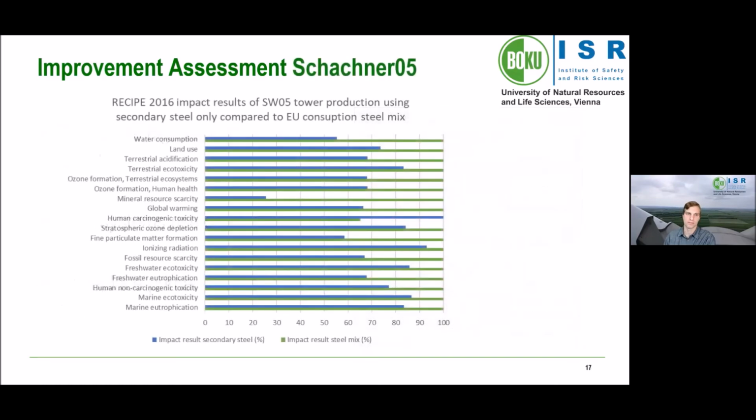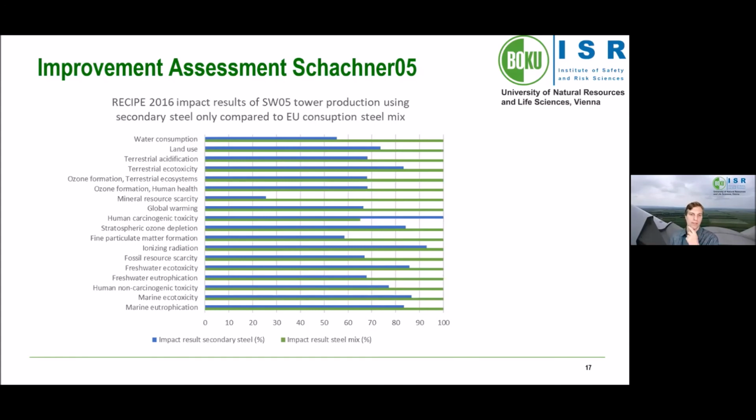And here we have the impact on all categories for the Schaffner turbine, and we see here that all categories, of course, have a reduction, about a 1/3 reduction for the global warming potential, quite a large impact on resource use, of course.